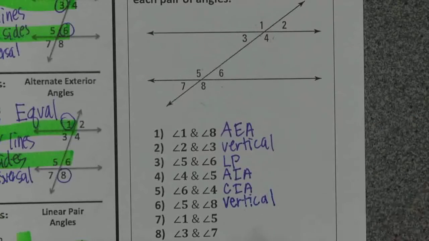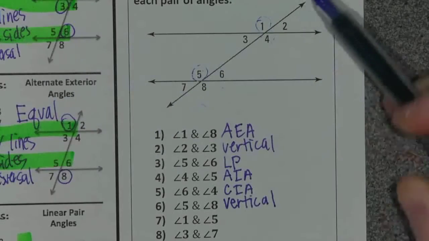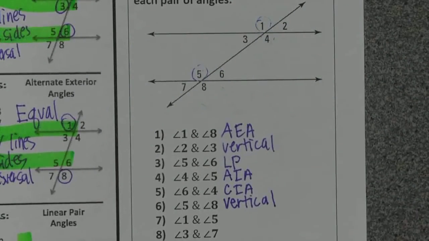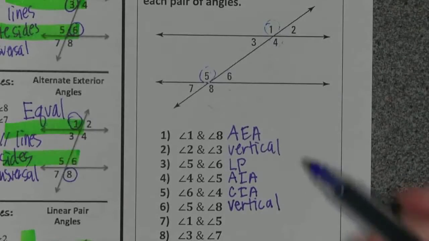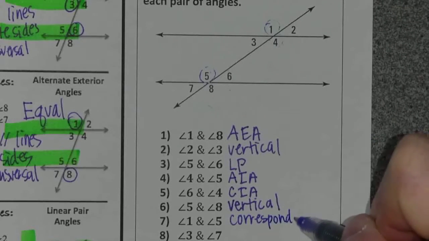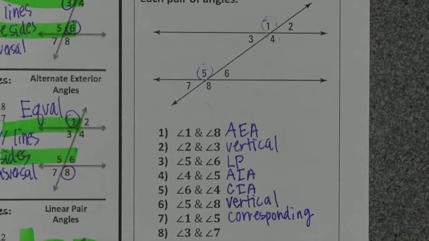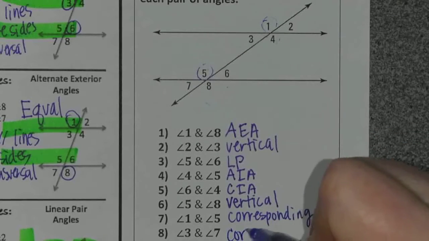Yeah, they're vertical angles. All right, what about 1 and 5? 1 is up here, 5 is down here. So one's outside, one's inside. So they can't be any of the alternate interior or alternate exterior. They are corresponding. Nice, because they're in the same position on the cross. And then the last one here, 3 and 7. They're also corresponding. Nice.